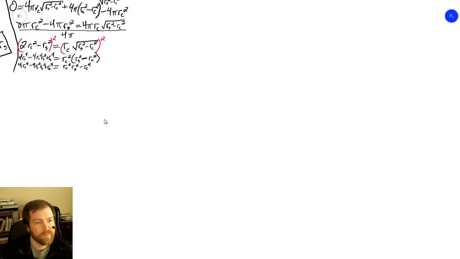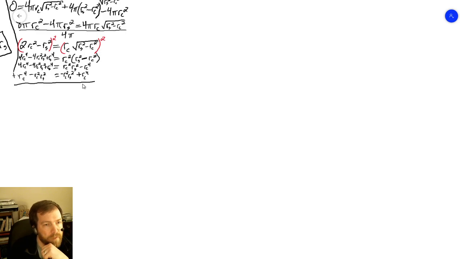So we're going to add rc to the fourth to both sides. And then we're going to subtract rc squared rs squared. And this is going to be 5 rc to the fourth. This is going to be a negative 5.